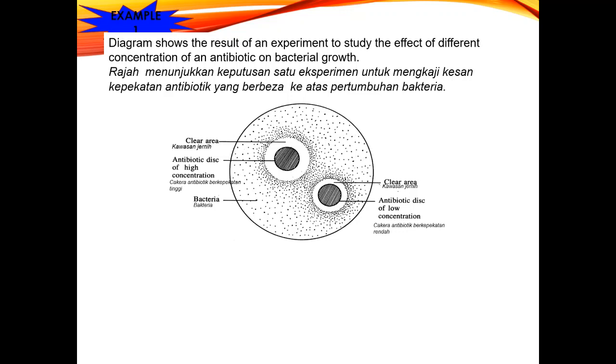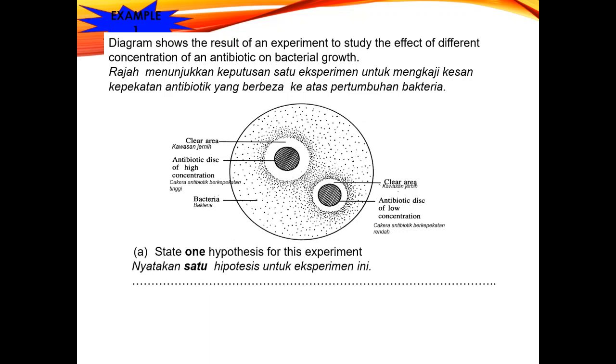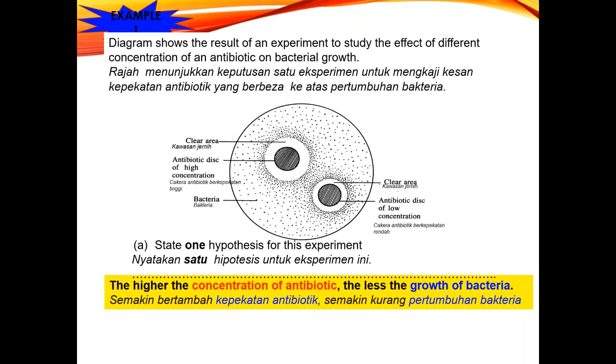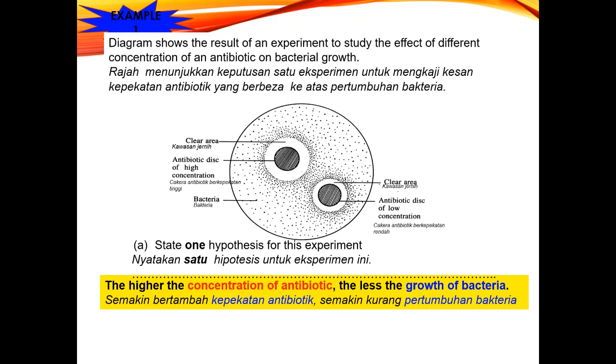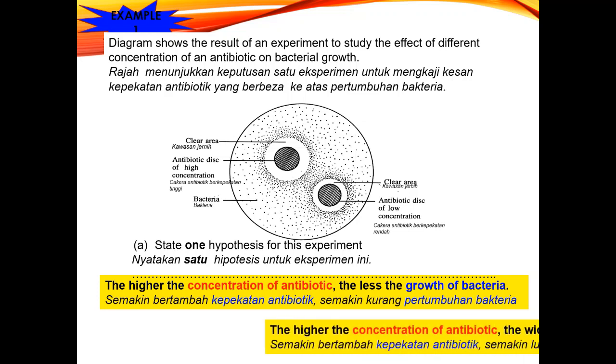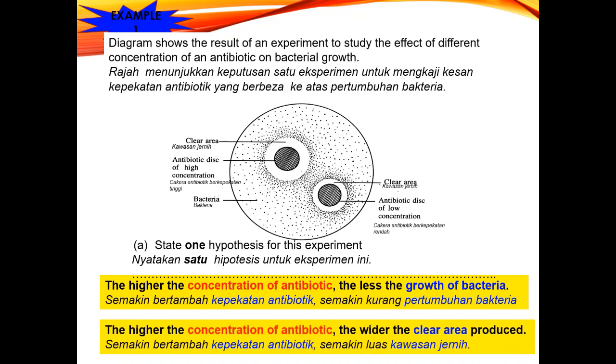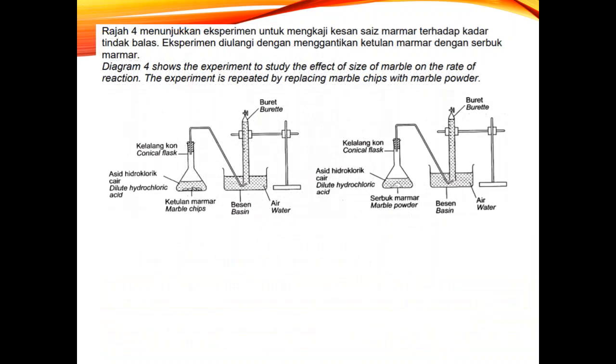Okay. So the correct hypothesis you can write like this. So the higher the concentration of antibiotic, the less the growth of bacteria. Okay, or you can write down the higher the concentration of antibiotic, the wider the clear area produced. Okay, next we look at this. Another example to study the size of the marble on the rate of reaction.